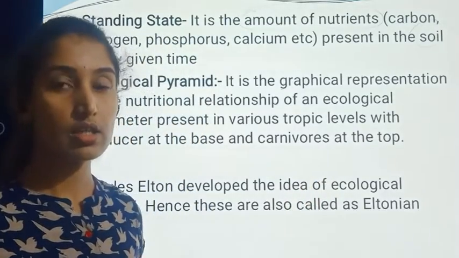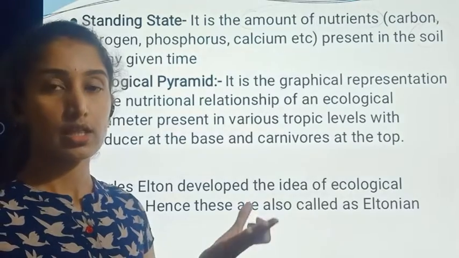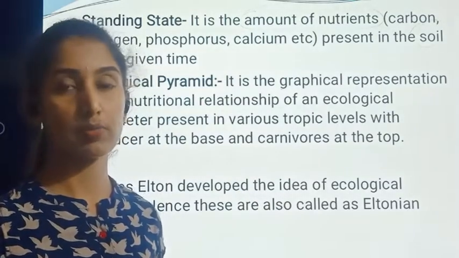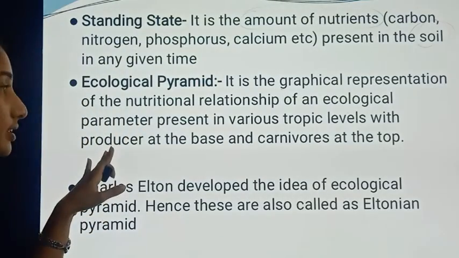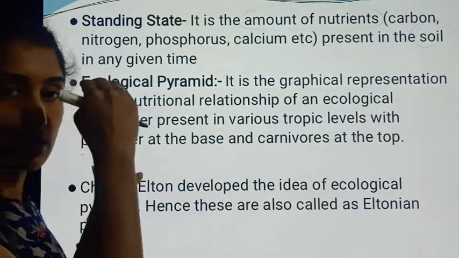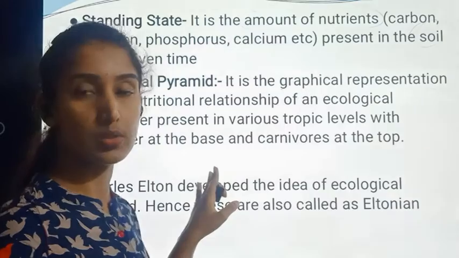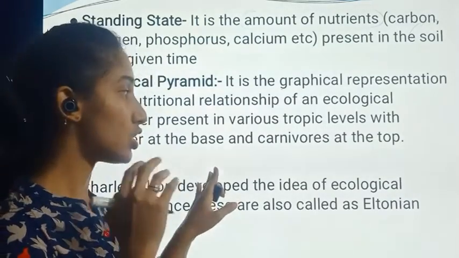Always in the ecological pyramid, the producers are placed at the base and the carnivores or tertiary consumers are placed in the top level.